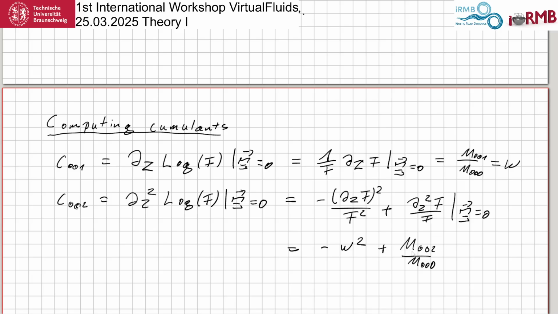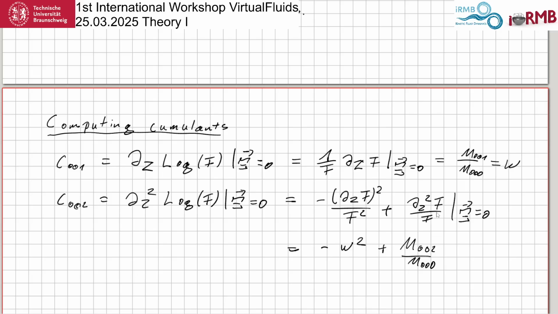Now, you remember that the pressure was somehow related to the trace of the second order moments minus the energy. Okay, it was not very accurate. Because it was an extensive quantity, it would actually be the energy, right?